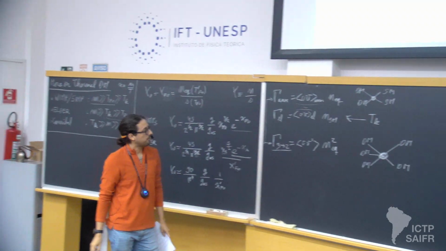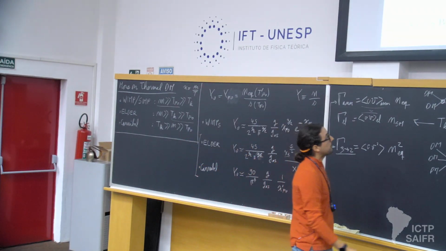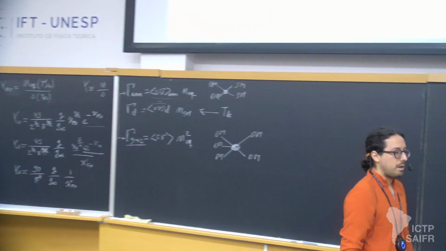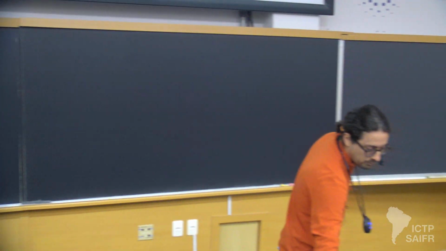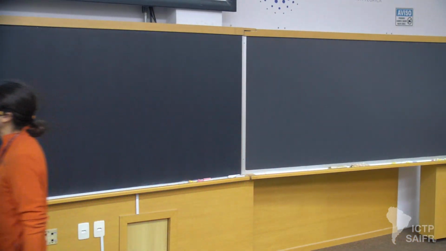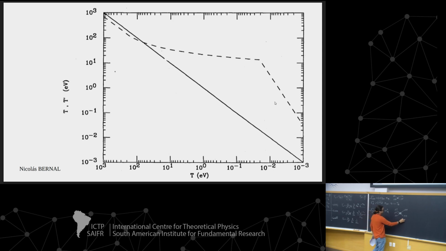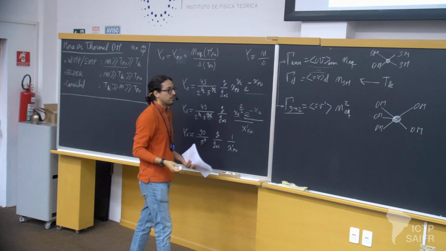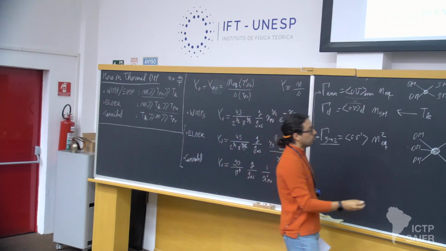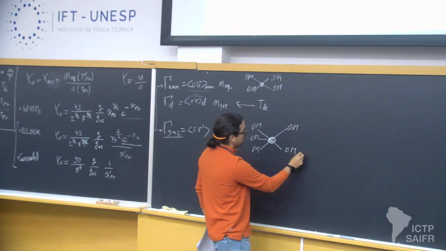Also, if you remember, this increase of temperature could be understood in this framework. When you have the 3 to 2 annihilations, if dark matter is non-relativistic at the moment of freeze out, you're going from 3 non-relativistic particles into 2 particles that will be relativistic.